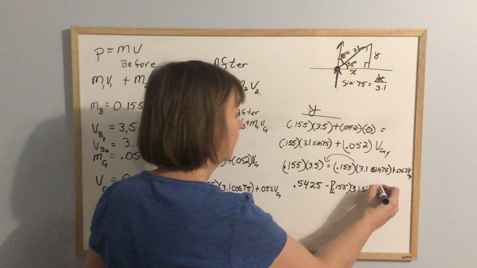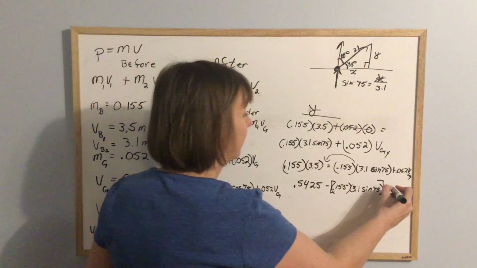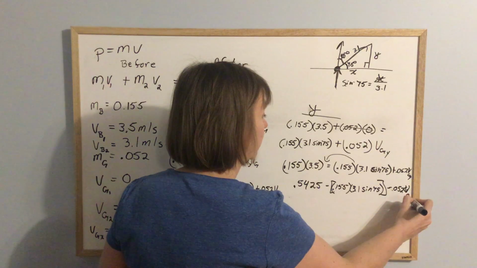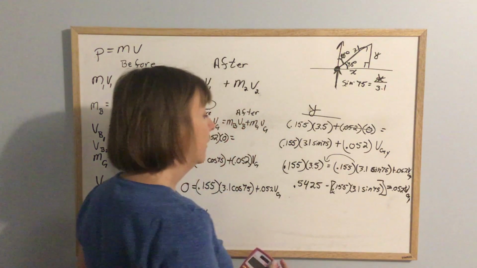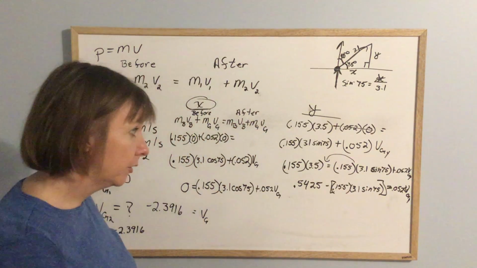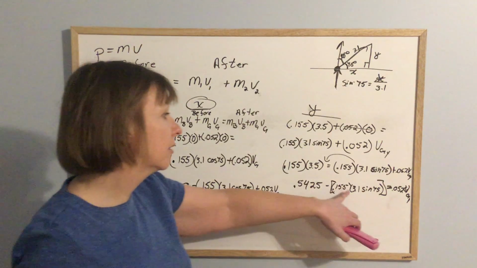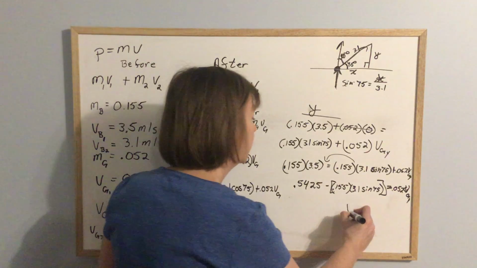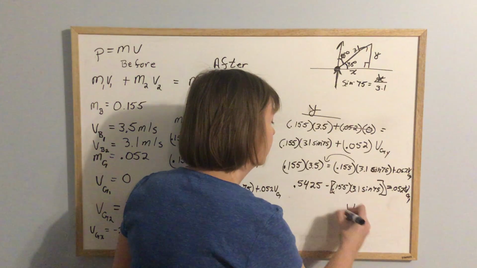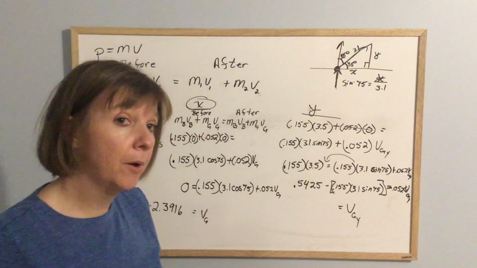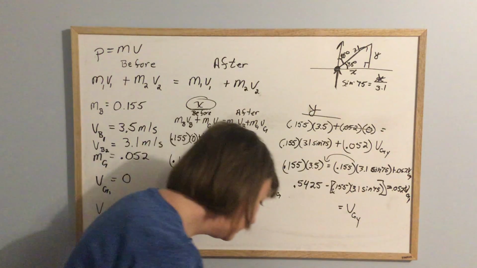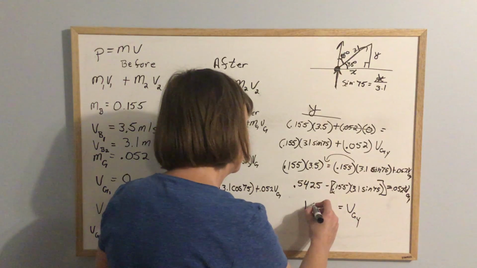I would subtract all of that, and that would equal 0.052 VGY. That's an equals. So after I go through that whole process, so I take this, I subtract this, and then I divide by 0.052, I get that the y component of the golf ball, and again I'm cheating, is 1.507.